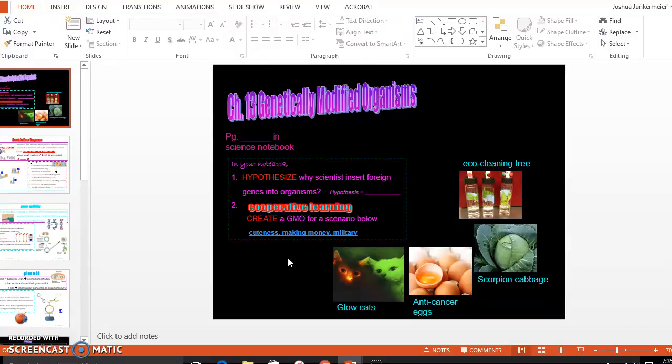Select one and change it in some way that you think will enhance or increase its cuteness, it'll make someone a profit, or it could be used by the military. So create a story or a scenario where that is possible. Alright, let's move on to the next slide here.